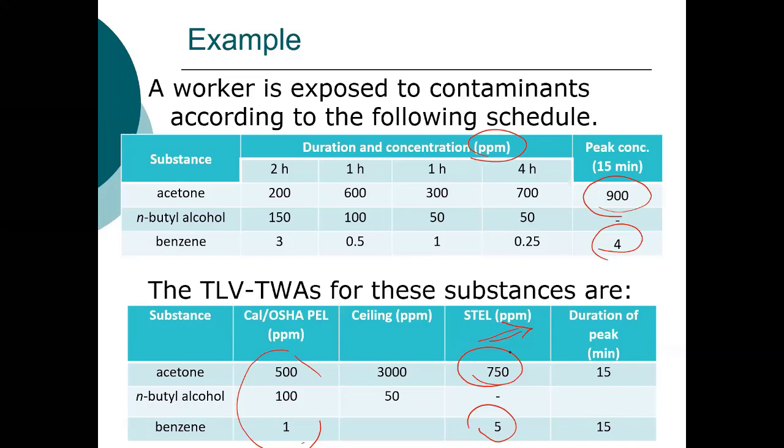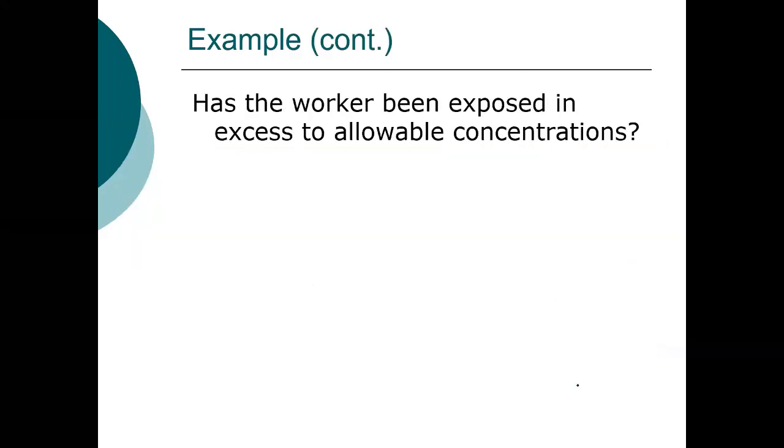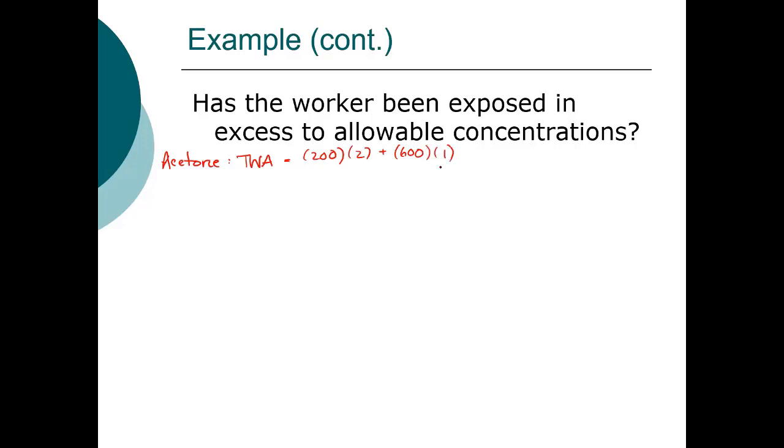So we need to determine first what the time-weighted averages are for each of these chemicals. So for acetone, the time-weighted average is equal to 200 parts per million times 2 hours, plus 600 parts per million times 1 hour, plus 300 parts per million times 1 hour.